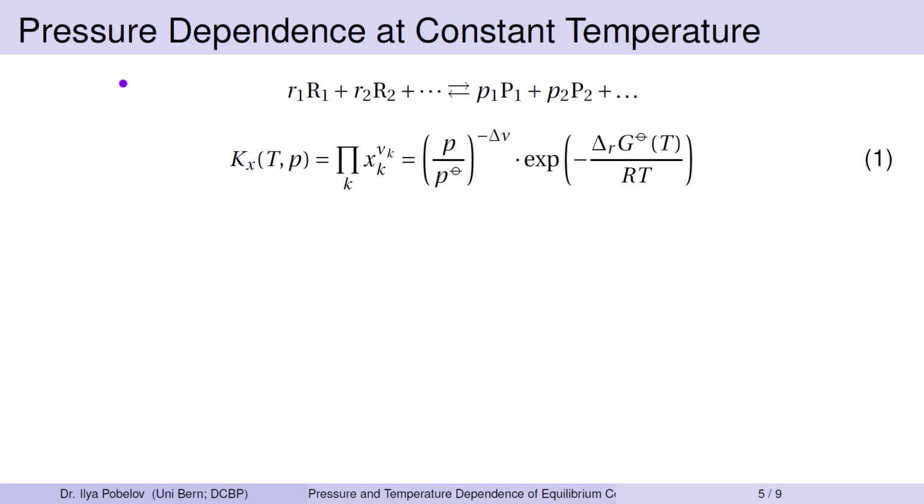Now let us examine the pressure dependence of the equilibrium constant at constant temperature. This is the equation we had started from. Here, the pressure dependence is manifested in the term, the ratio of P to the standard pressure, raised to the power of minus delta nu.